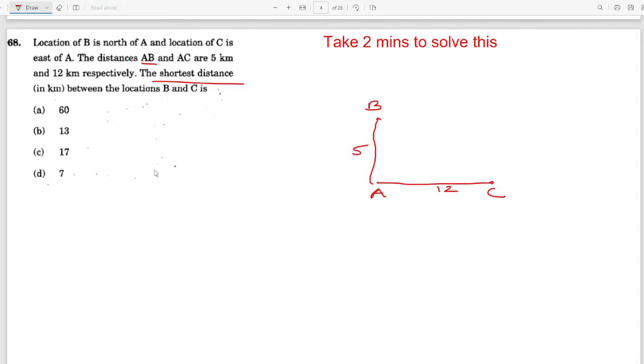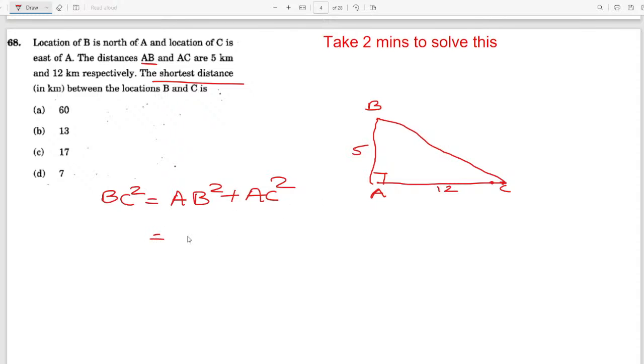They are asking what is the shortest distance between the locations B and C. The shortest distance between B and C is the line joining BC. So this is clearly a right angle triangle, with the angle at A being 90 degrees, and we have the Pythagorean formula: BC square is equal to AB square plus AC square, and we need to calculate BC here.